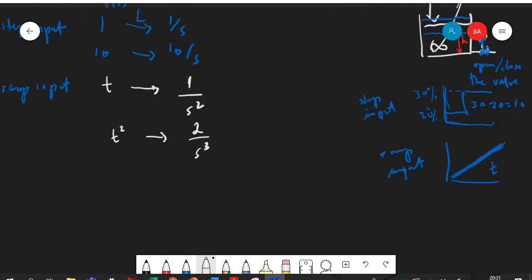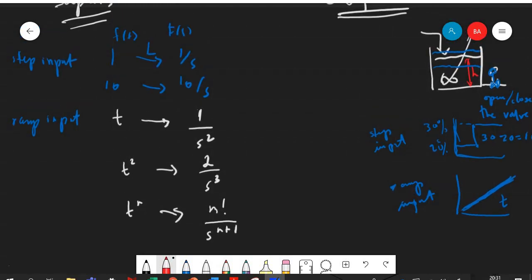So what I'm trying to say here is that t to the power n, if you take it to the Laplace domain, will be n factorial over S to the power n plus 1. What is the most important thing that you need to memorize? You will have the Laplace table, but what you need to memorize out of all that is this, because this is a real thing that happens in life, and the rest are just things we may use for a certain reason to go back to our t domain.